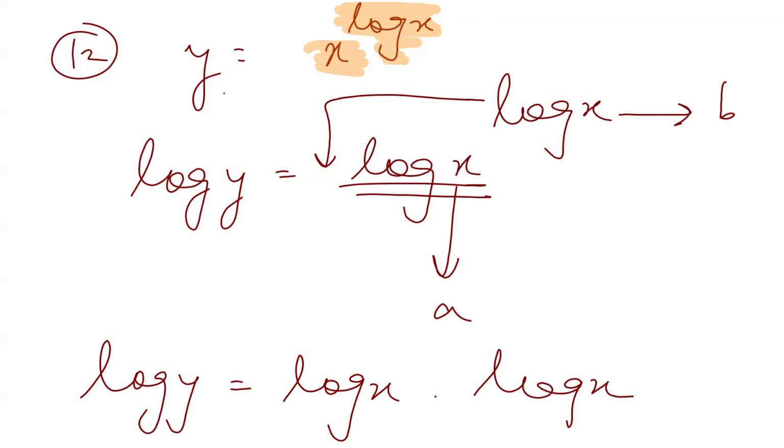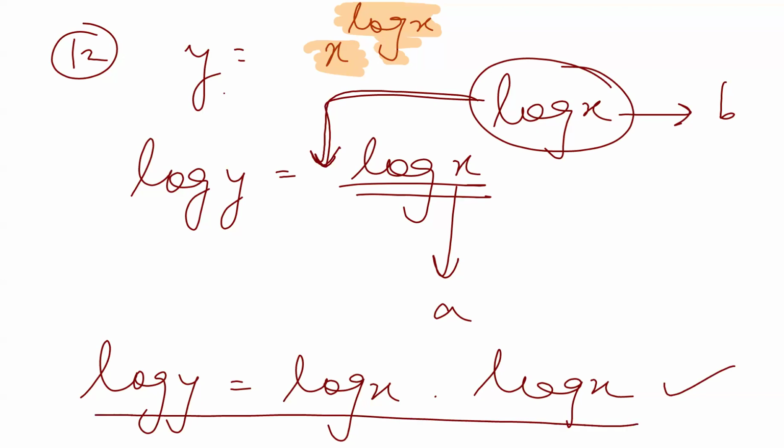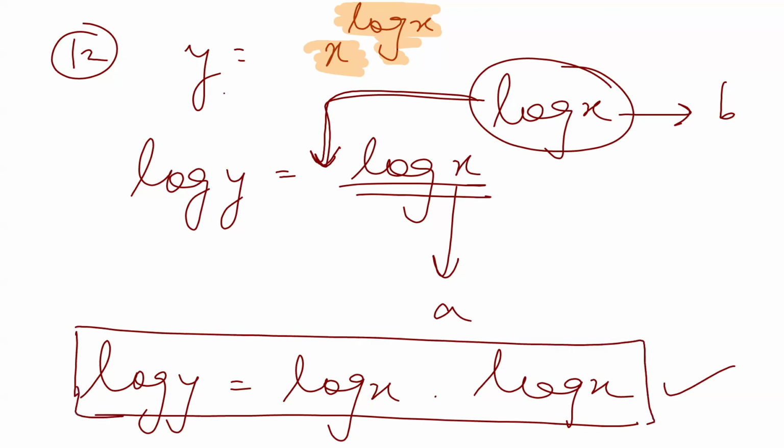Okay. So you can write this as log x the whole square, but instead I will prefer the u into v rule. That's easier. So once this b part came ahead, I got this. Now I'm going to derive this with respect to x.